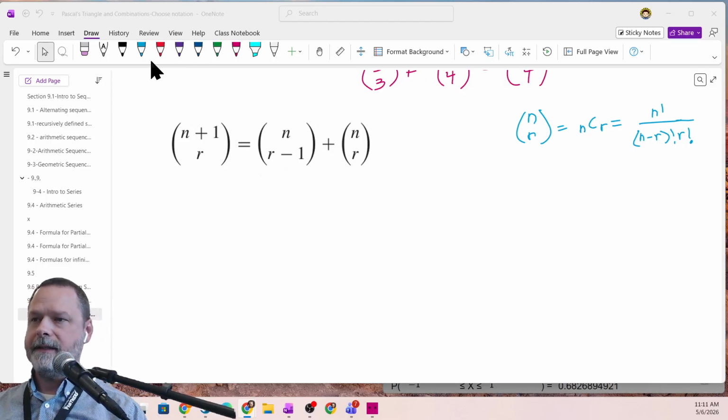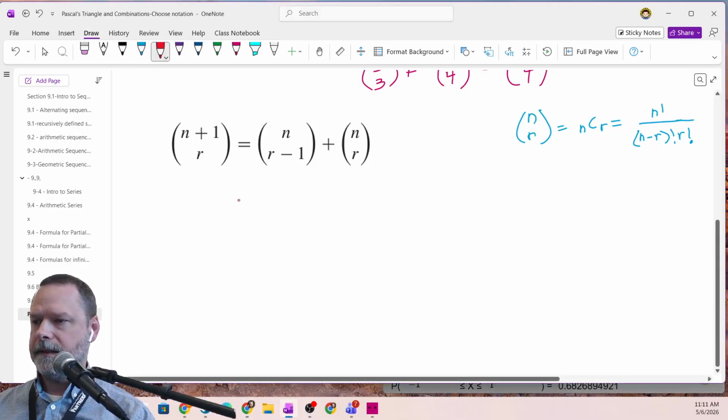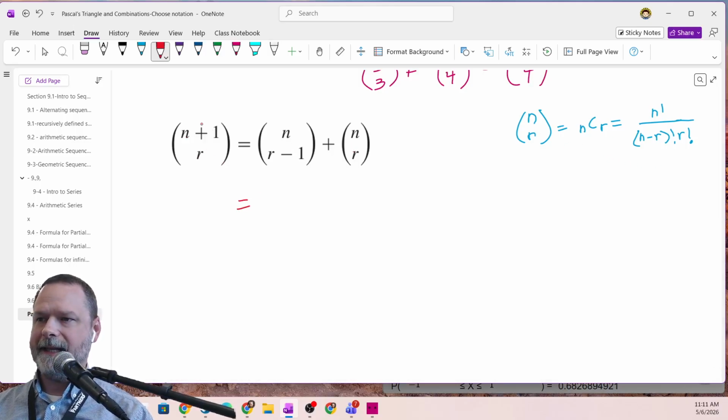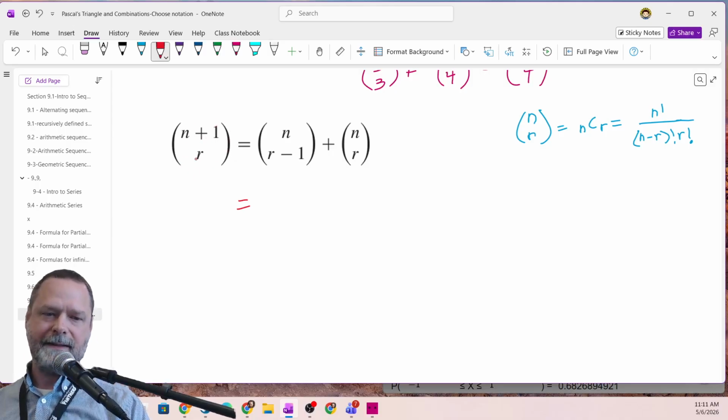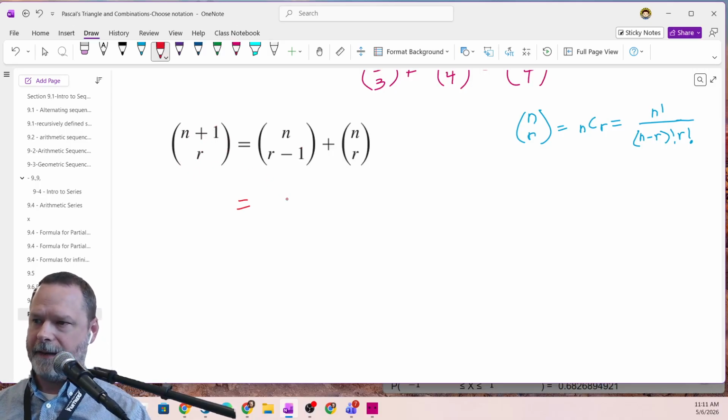So let's see what happens if we rewrite these in factorial, and let's see if we can end up with the left-hand side. Let's see if these are, in fact, the same.